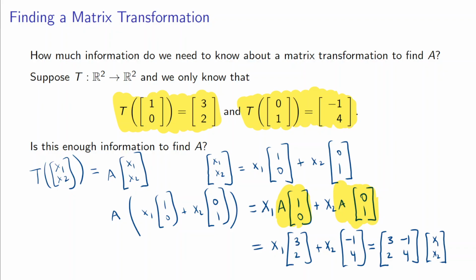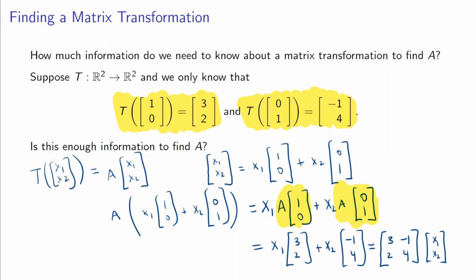And so what we've discovered is that this matrix A, which is what we were trying to find to begin with, has exactly the columns whose vectors were given to us in those original pieces of information. So it turns out that if we know T of (1, 0) and T of (0, 1), that is enough information to find A.